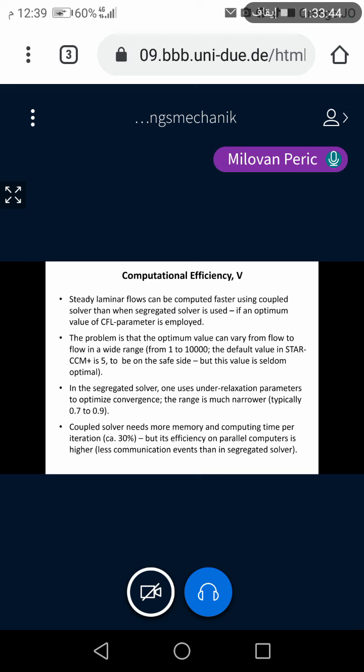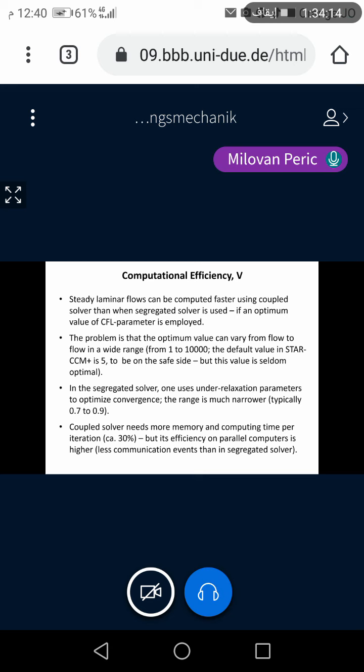A coupled solver needs more memory and computing time per iteration, roughly 30%. But its efficiency on parallel computers is higher because there are fewer communication events than in a segregated solver. A segregated solver solves for every velocity one after the other. So you have communication between processors for U, and then for V and for W and for pressure. In a coupled solver, you communicate all variables at once: velocities, pressure, and temperature.